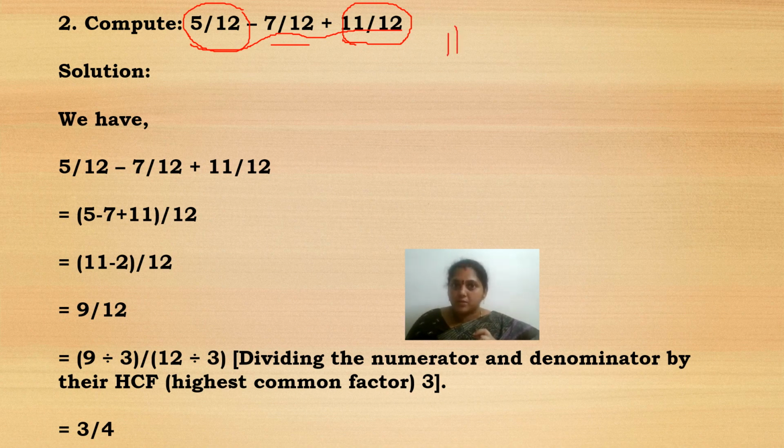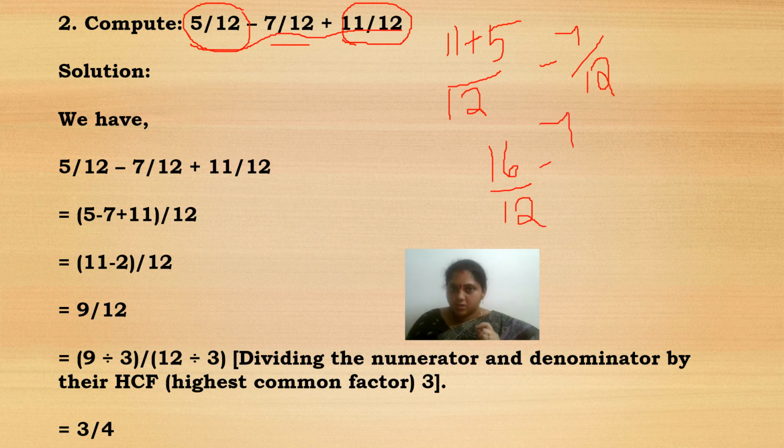Both are positive numbers. 11 plus 5 divided by 12 minus 7 by 12. Right? Now when you are adding 11 plus 5, what will you get as your answer here? It will be 16 by 12 minus 7 by 12.